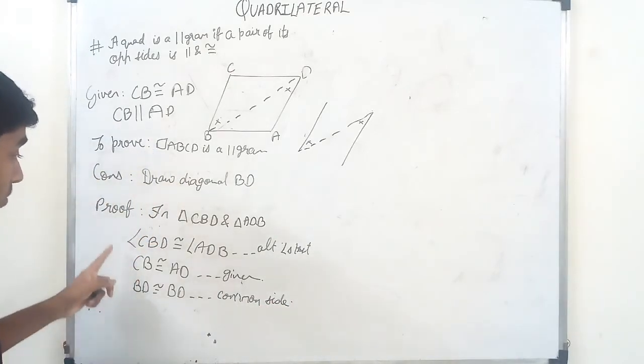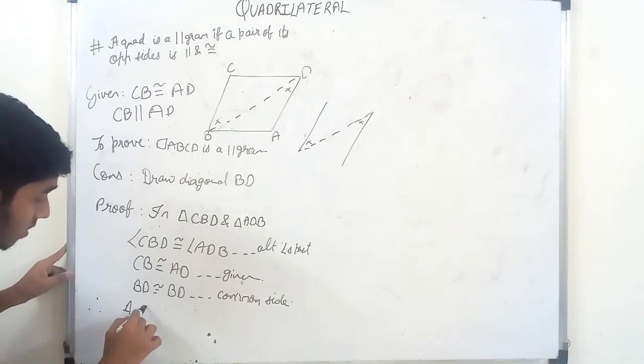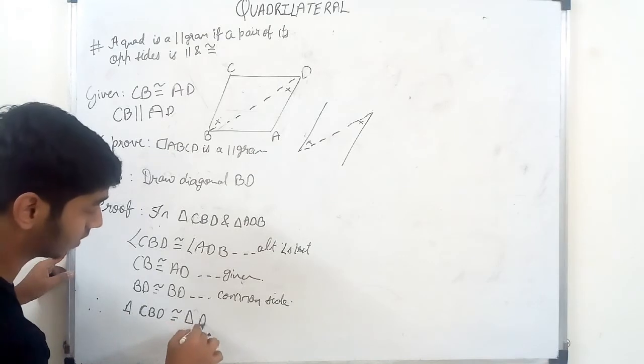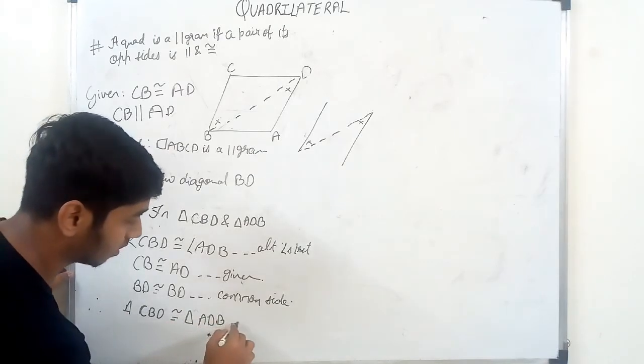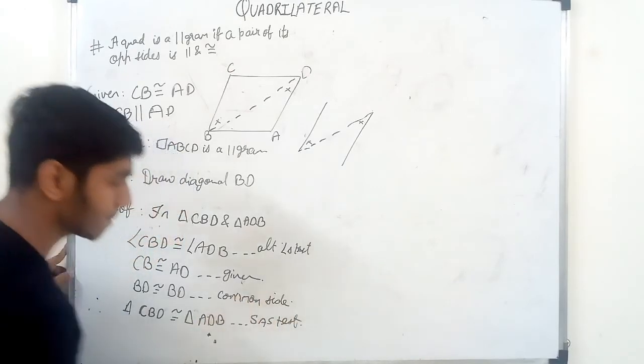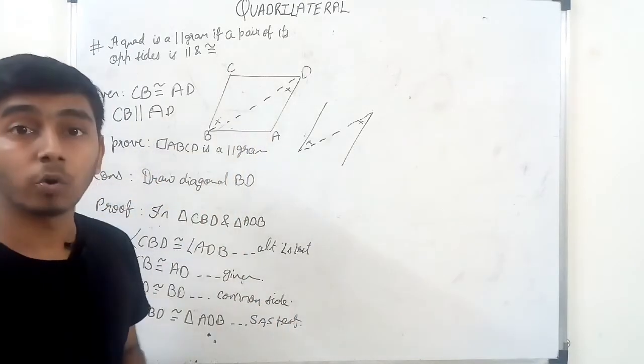Correct. So by the SAS test we can say triangle CBD is congruent to triangle ADB by SAS test. So we have proved that these two triangles are congruent.